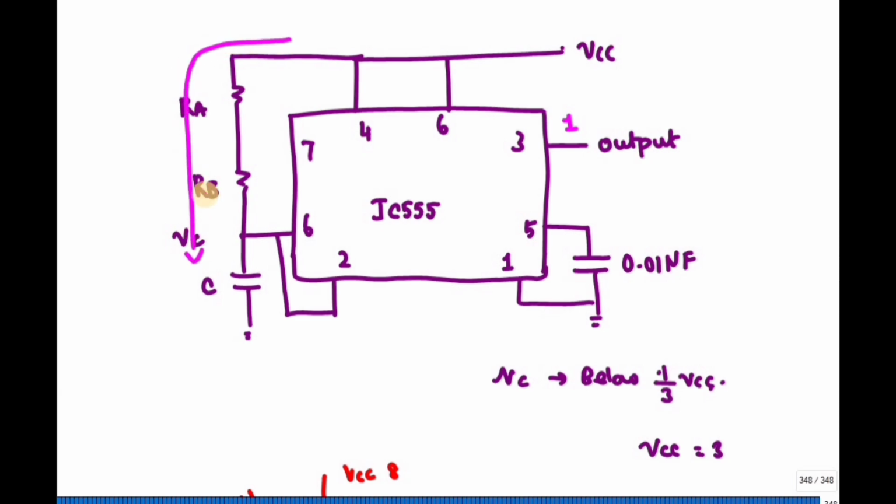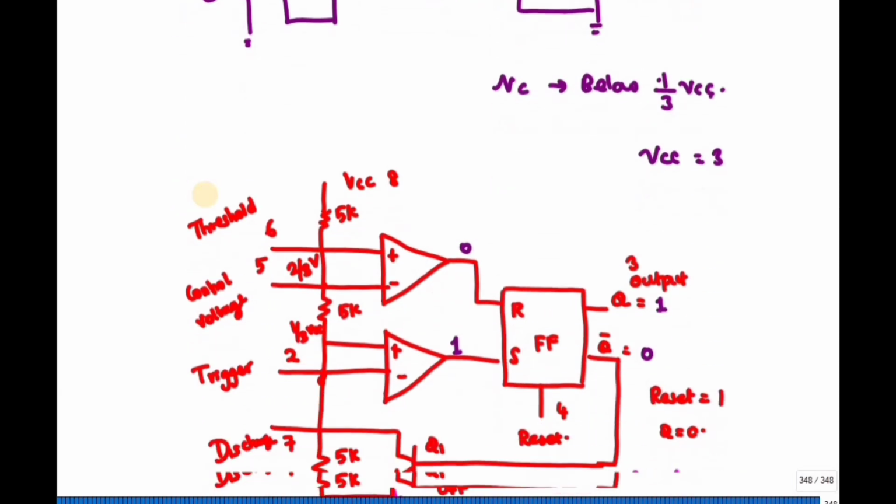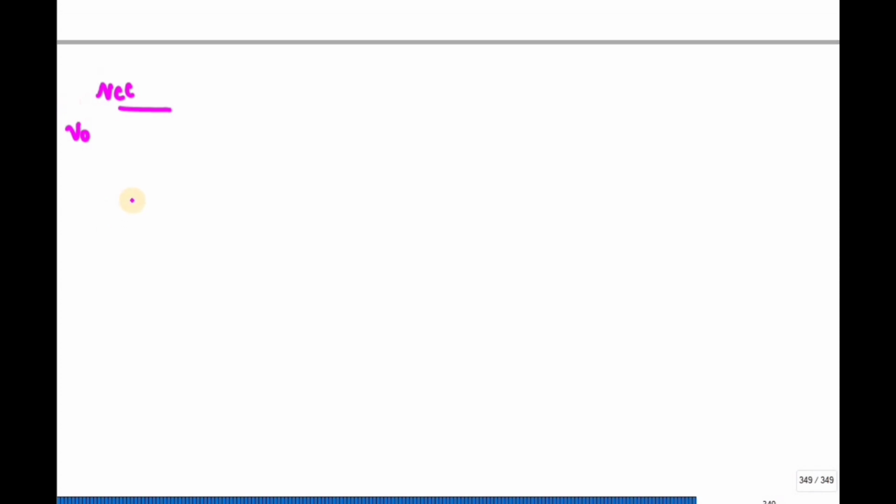My output voltage is VCC, and the capacitor voltage is less than 1/3 VCC. Even when it reaches 1/3 VCC, this is still 1.